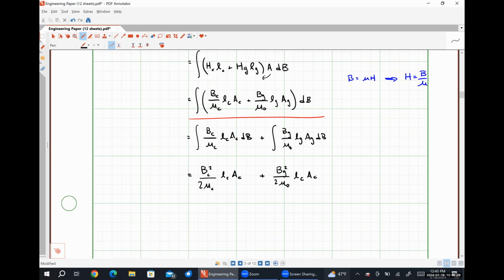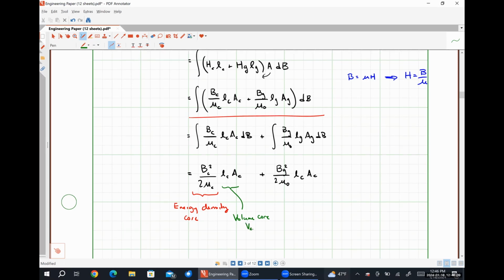And so now let's talk about what these things represent. So this bit right here is effectively the energy density, so the energy per unit volume of the core. And this term right here, LC times AC, is really just the volume of the core, which I might use, so I'll call that VC.